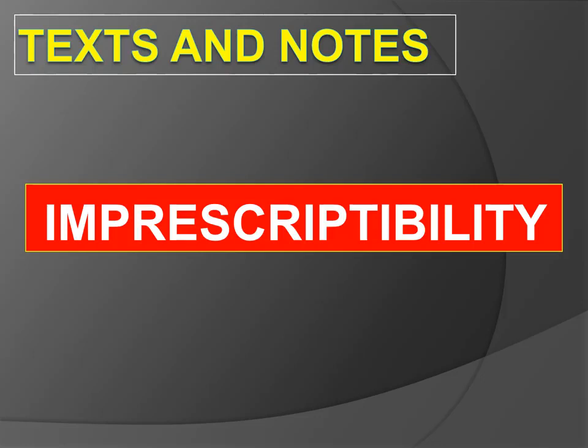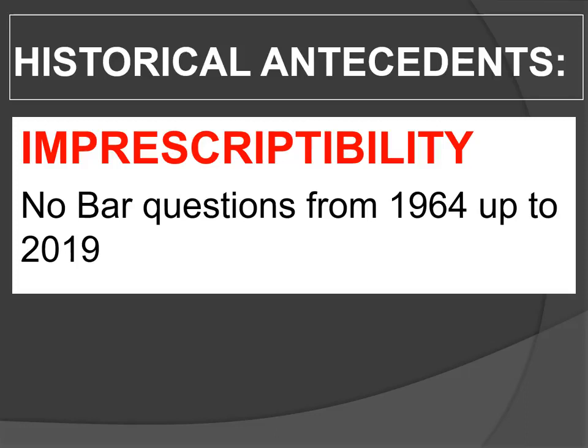So after a certain period of time, the government is already stopped from collecting taxes. So remember the general rule, also remember the exception. But is that important for the bar? So the general concept of prescriptibility is not important for the bar.